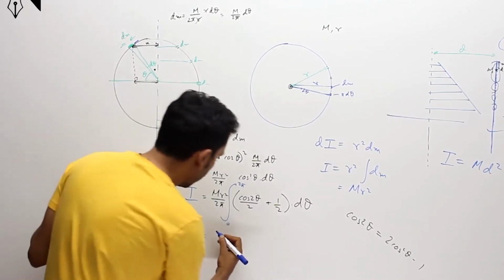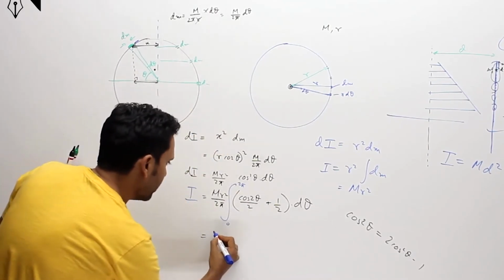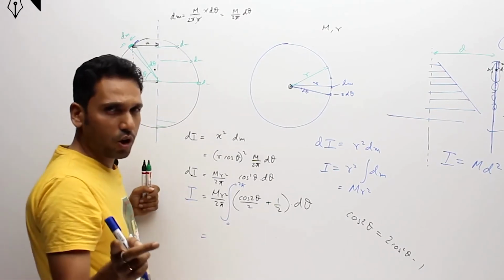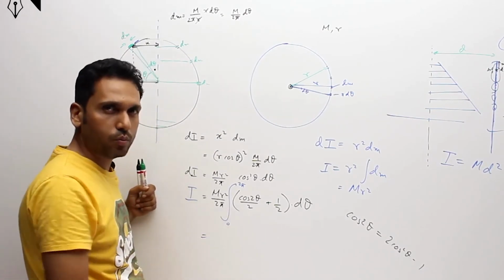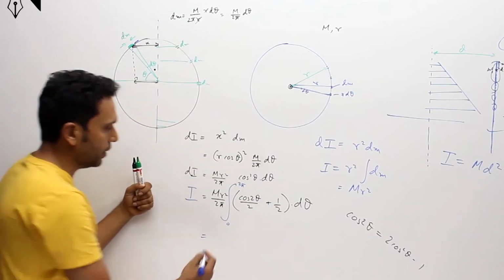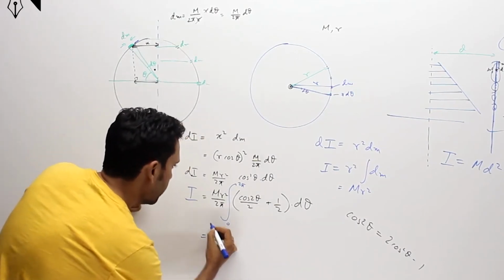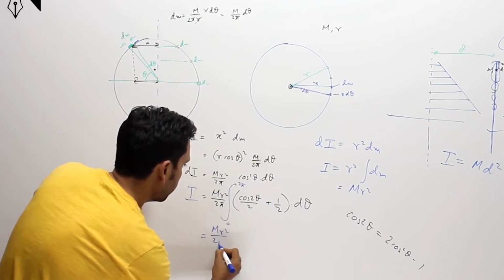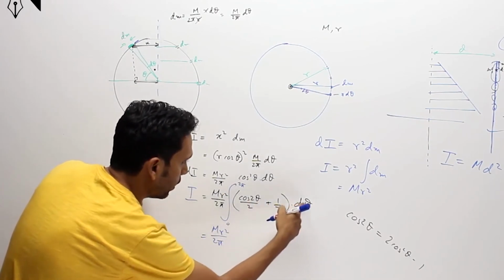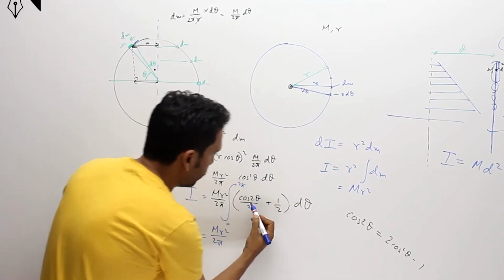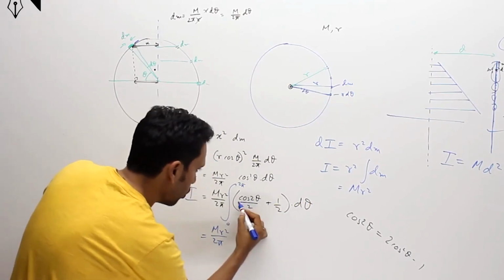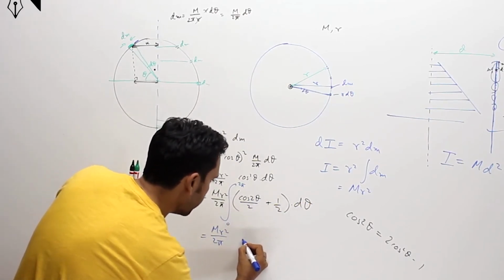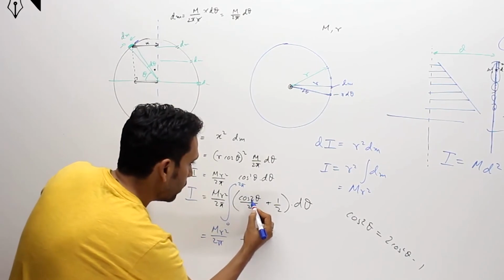Okay, I'll do it. In fact, pause and integrate yourself, and then you check the answer with me. So what we have is mr square by 2 pi outside, cos 2 theta d theta integration. The half is there outside, cos 2 theta d theta.